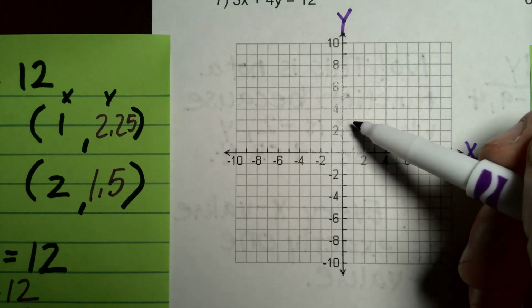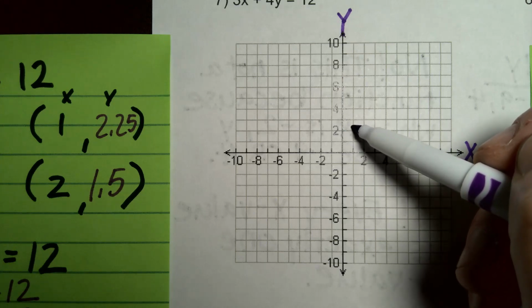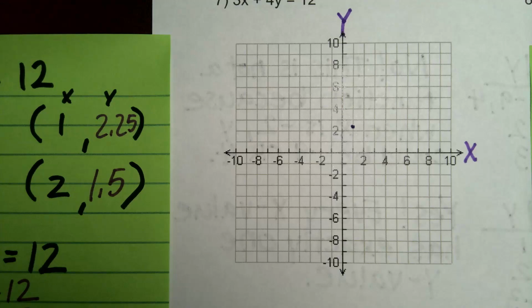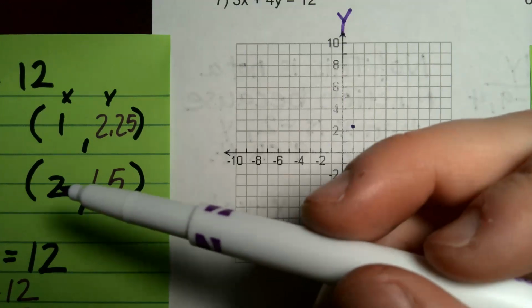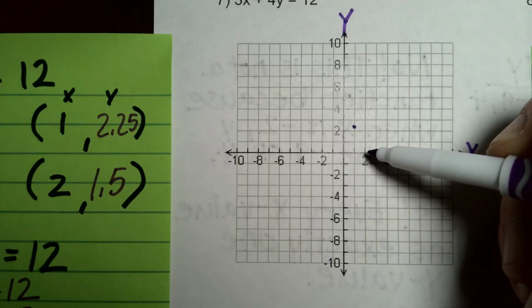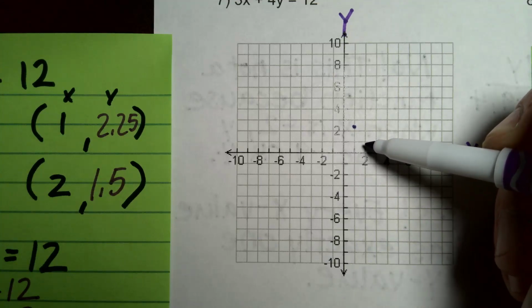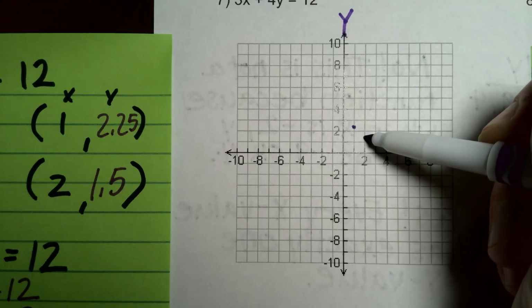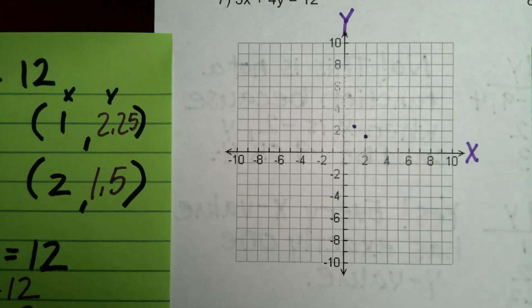I'm not going to know exactly where that is, so I'm going to put it about here-ish. Good enough? Okay. Then when x is 2, we go over 2 in the x direction and up 1.5, right about there. Okay, there's our two coordinates.